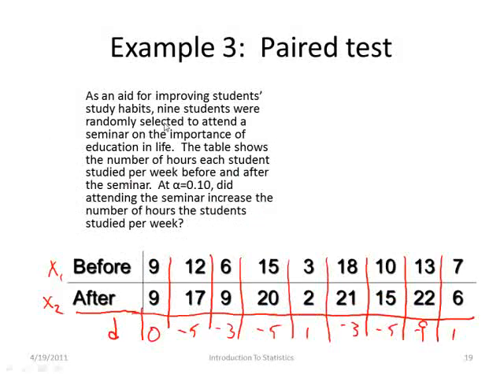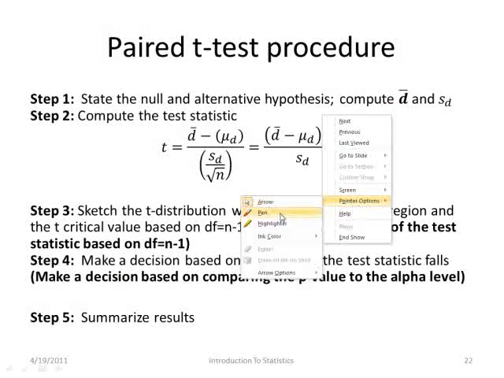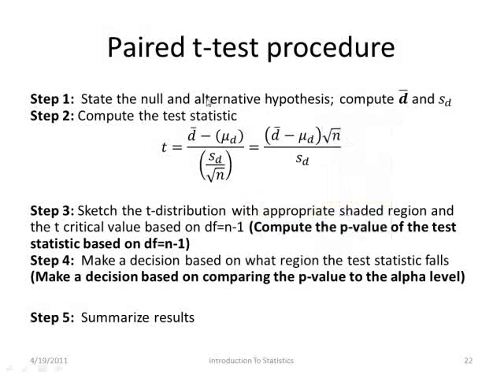All right. Now remember, when we're formulating our null and alternative hypothesis, I guess I should state up here, if you want to annotate this, when we state the null and the alternative, the null is always going to be in the form of the mean of the differences equals something, and the alternative is going to be that the mean of the differences is either greater than, less than, or not equal, depending.